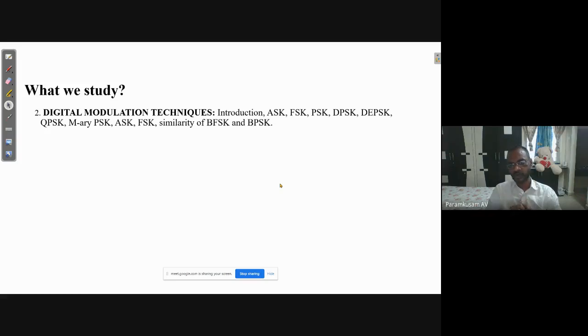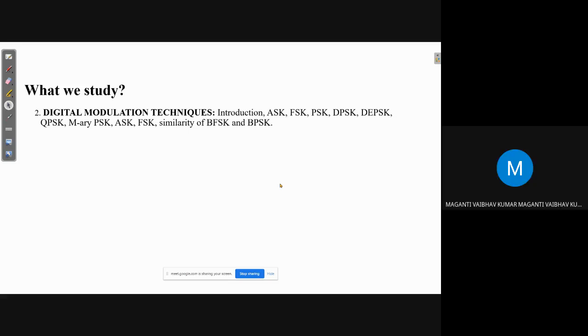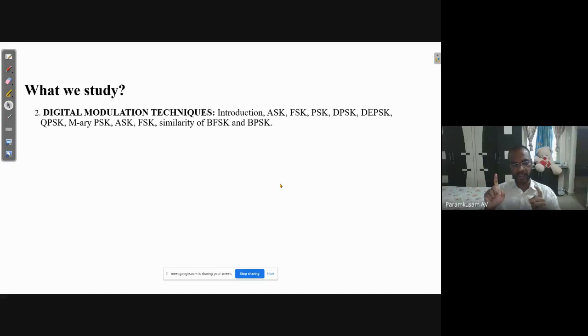So after modulation, FSK has how many values? Two values. One frequency is due to logic 1, another frequency is due to logic 0. When the digital signal is logic 1, then FSK has, suppose, 10 kHz.